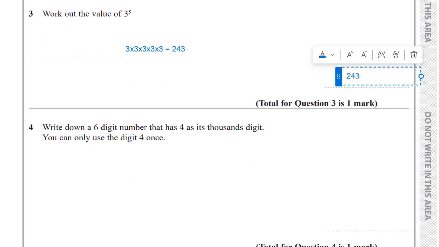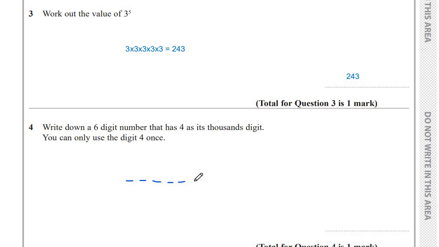Write down a 6-digit number that has its thousands digit as 4. So you need a 6-digit number: 1 2 3 4 5 6. This is units, tens, hundreds, thousands place value, and your thousands digit must be 4, and you can use 4 just once.